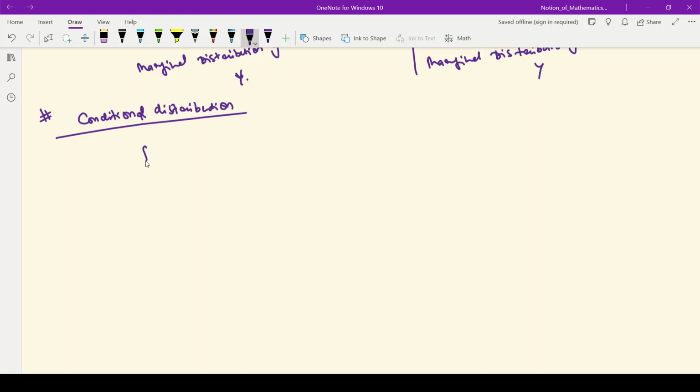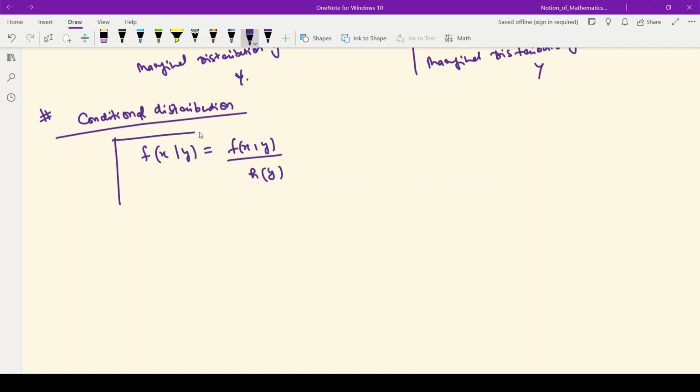I can write it in two ways. f of x given y is f of x y upon, not g, it is actually h, upon h of y.